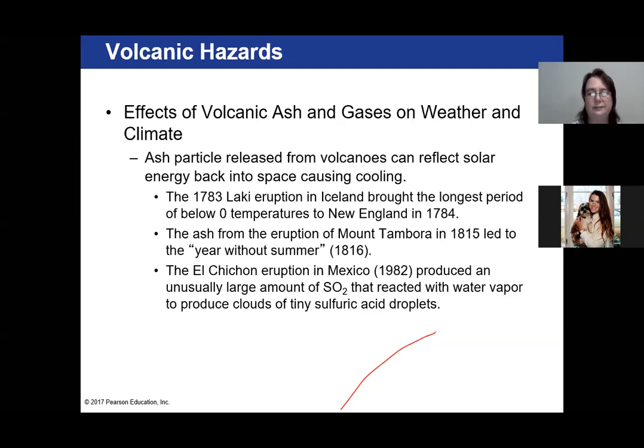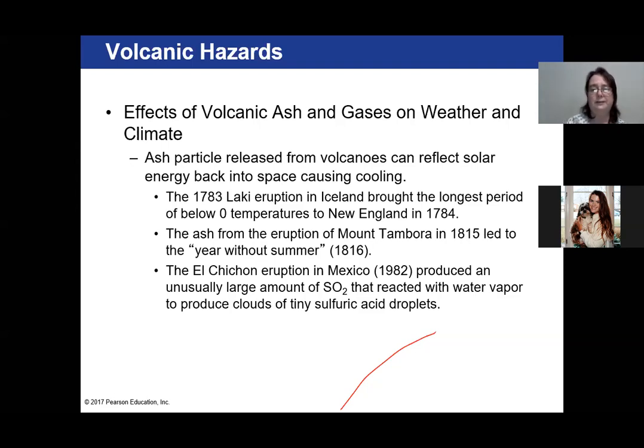In that case, the ash material released stayed in the atmosphere long enough to reflect sunlight and caused the temperature near the ground surface to cool. That eruption brought temperatures in New England a lot lower than usual, or for longer.